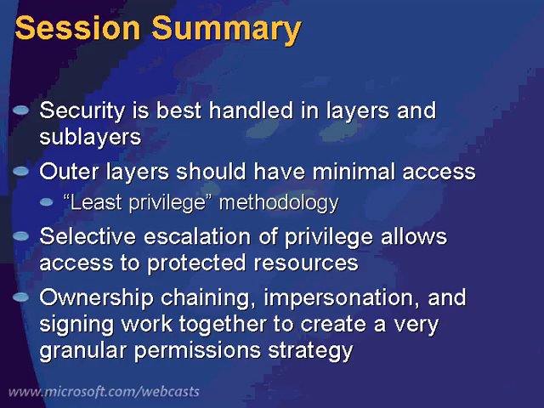So you do this by creating shells, stored procedures, views, and letting the users only access those shells, and those shells actually control access to the real resources which they sit in front of. So the ownership chaining, the impersonation, and the signing is how you do all that. And those can all work together, if you'd like, to create a really very flexible, very granular strategy.